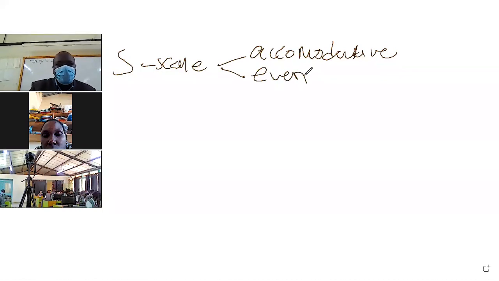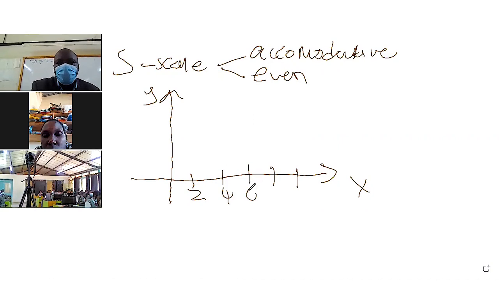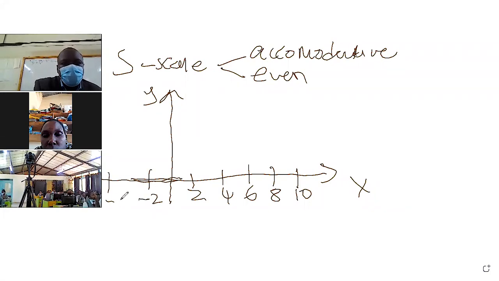Even is this. For example, if this is the x and this is the y, and you work out that 1 centimeter on the x-axis is 2 units, then you should be able to plot it in that way, that 1 centimeter is to 2 units on both ends, even on the negative end: -4, -6.